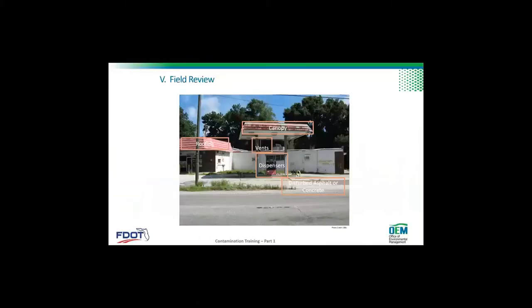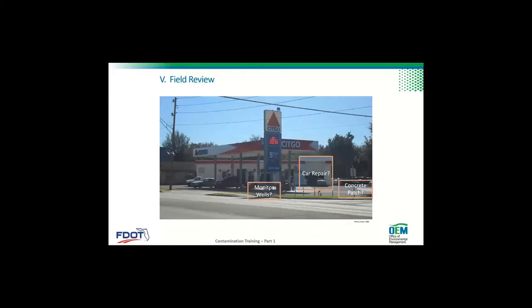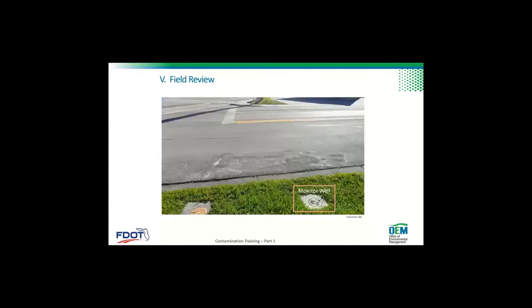Okay, so field review. Here's just some of the things that they look for when they do a field review. The canopy, vents, dispensers, and disturbed asphalt or concrete. Maybe monitoring wells, maybe car repair bays, concrete patches. Here's a better picture of a monitoring well right on the right-of-way.